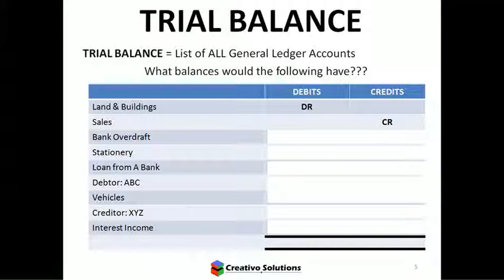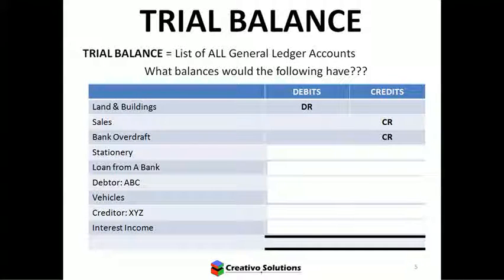There's an obligation to pay the bank back for an additional amount that you've withdrawn from your bank account on top of what you currently had in the bank. So a bank overdraft would meet the definition of a liability because it's an obligation that will give rise to a future outflow of economic benefit. If I know bank overdraft is a liability, then I'll know the balance will go on the plus side, and a plus side for a liability is on the credit.